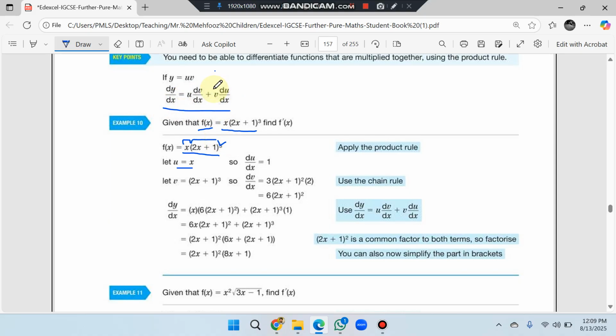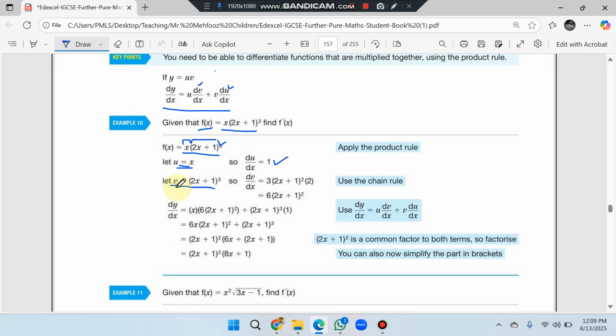In formula, we use the derivative of u as well as the derivative of v. So we have to find the derivative of u, that is du by dx, that is 1, and v is equals to (2x plus 1) cube. So its derivative will be using chain rule or using simple method. It's up to you, because here the function is (2x plus 1) cube.